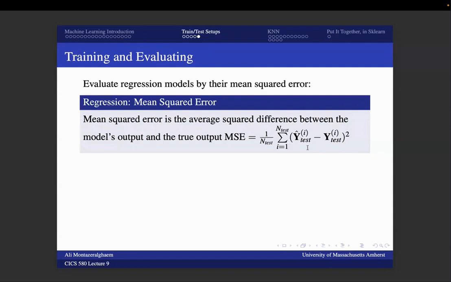The mean square error is the difference between the predicted and true labels to the power of 2. This is because we want a positive value, since we don't know which one of them is larger. So we just need to get a positive value for the mean square.